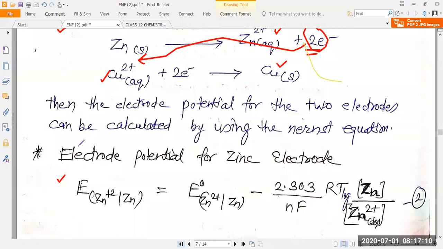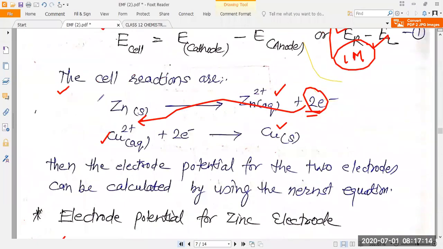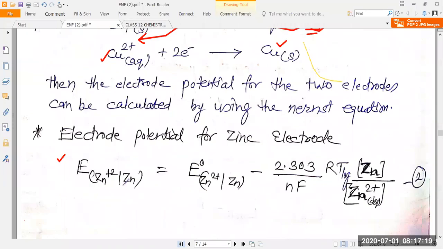First we have to calculate the electrode potential for the zinc electrode, denoted by E Zn2+/Zn, equal to E naught Zn2+/Zn minus 2.303 RT divided by nF log [Zn] divided by [Zn2+]. This is the Q.